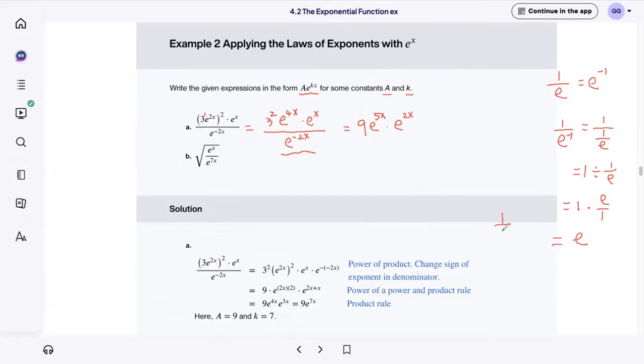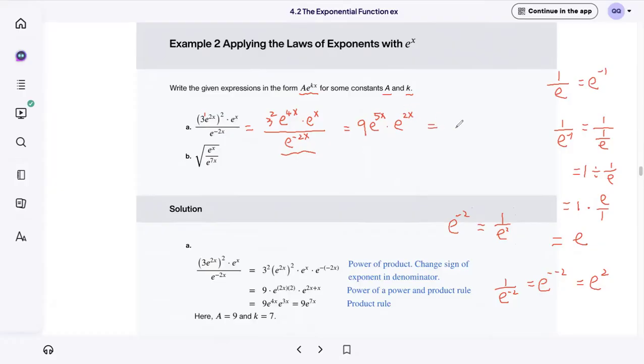So if we have e raised to negative 2, that's 1 over e to the 2. Or if we have 1 over e raised to negative 2, that's e raised to positive 2. So in this case, we have e raised to negative 2x in the denominator. So that becomes e raised to positive 2x.